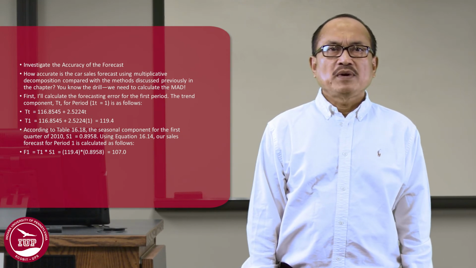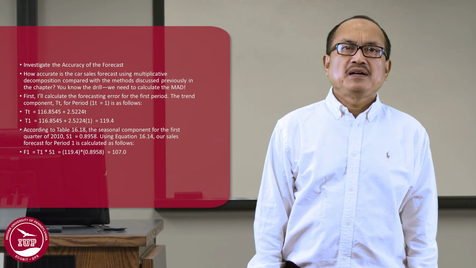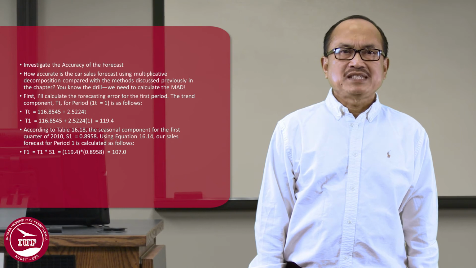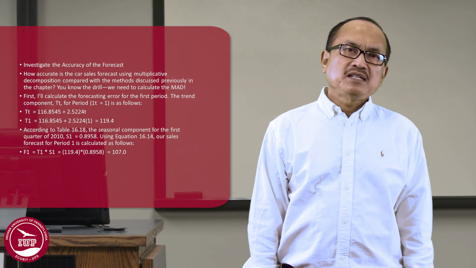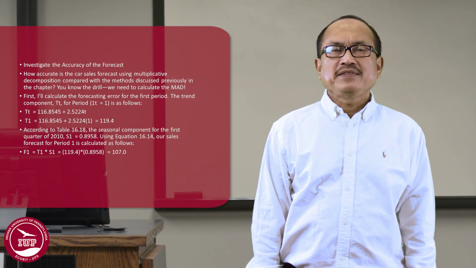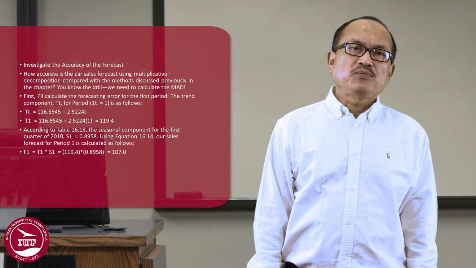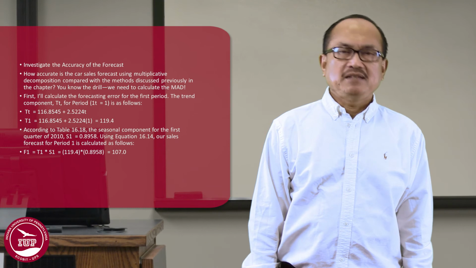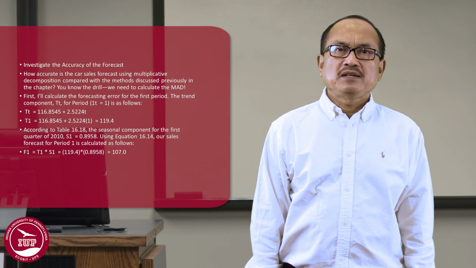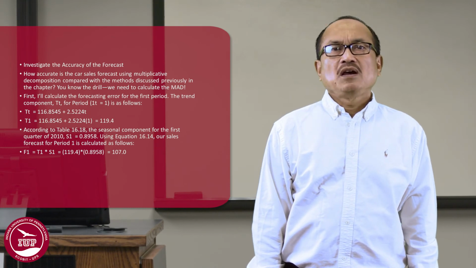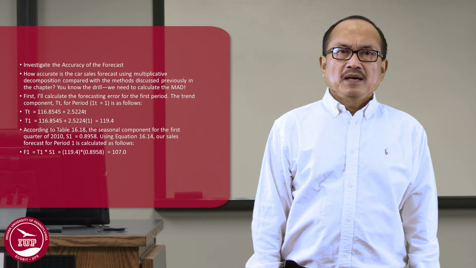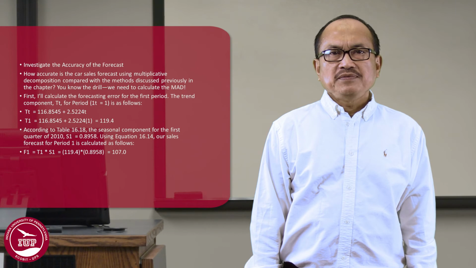TT equal to 116.8545 plus 2.5224T and replace T with 1 equal to 119.4. According to table 16.18, the seasonal component for the first quarter of 2010 is 0.8958.